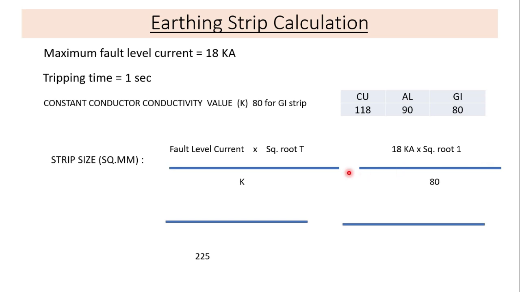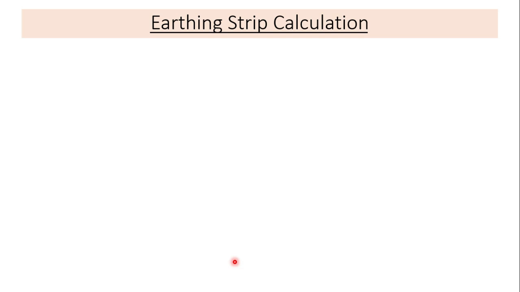And K for GI is 80. If we calculate that, it becomes 18,000 divided by 80. How much does it become? The earthing strip size is 225 square mm. So this is the calculated value.